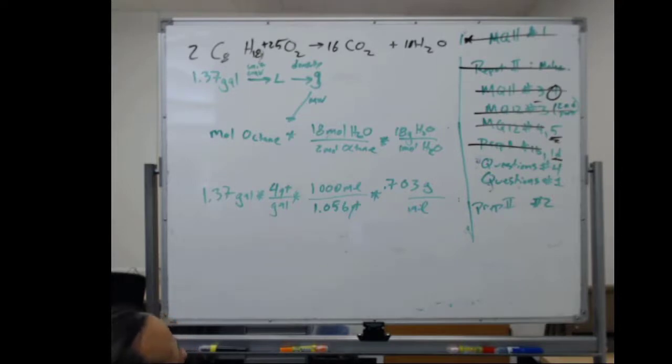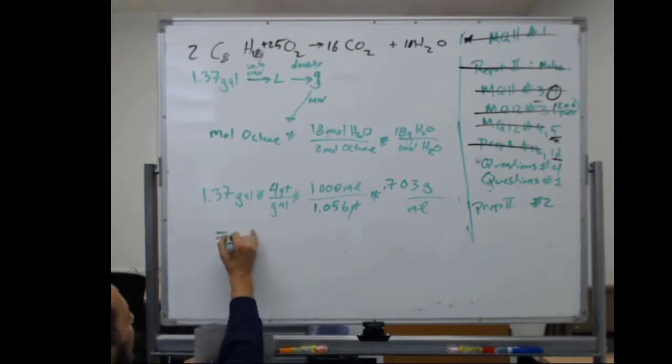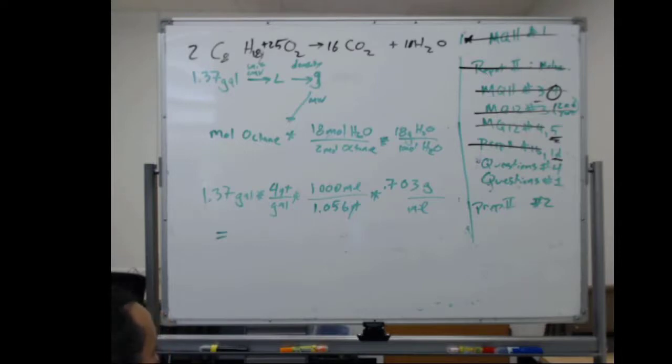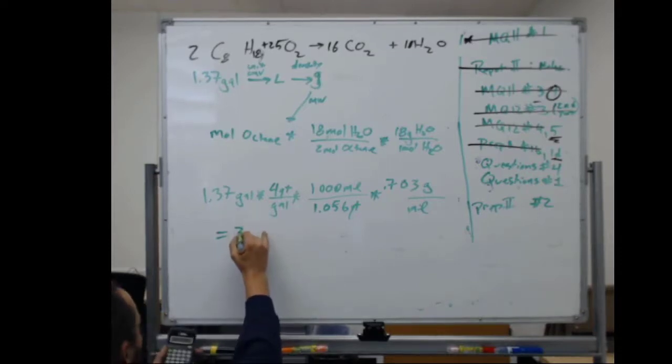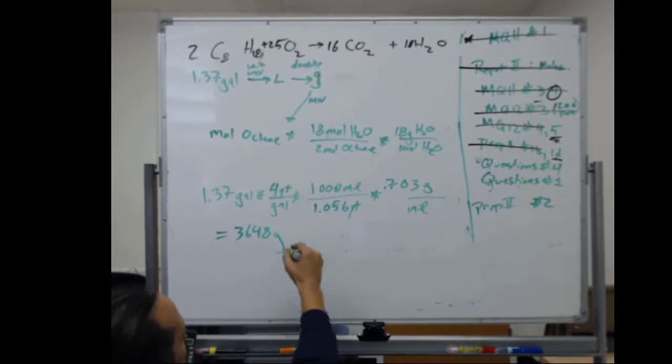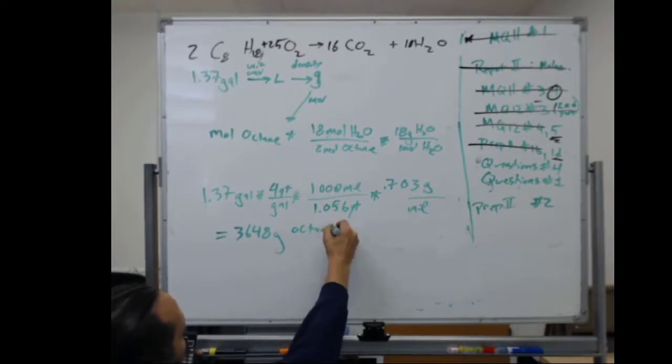I don't want to do too much all at once because I'm prone to calculator mistakes, so I'm just going to do these steps first and see how it looks. 1.37 times 4 divided by 1.056 times 1,000 times 0.703, and we end up with 3,648 grams octane.